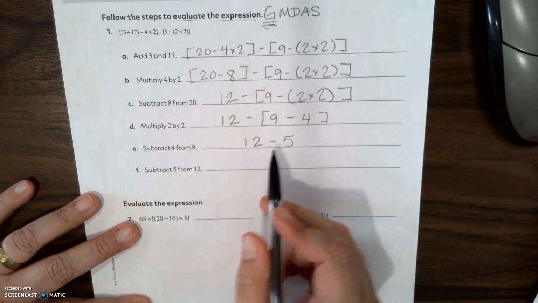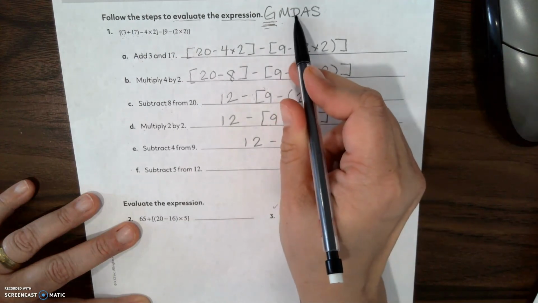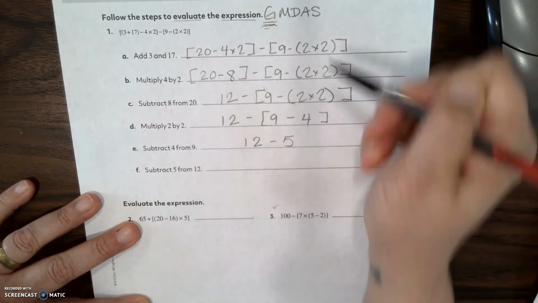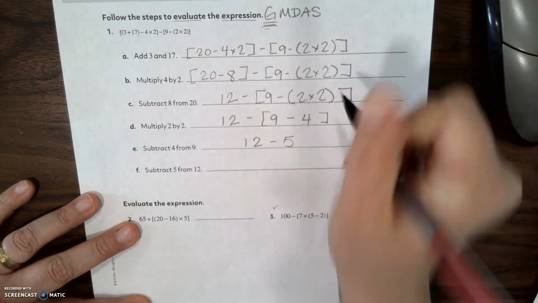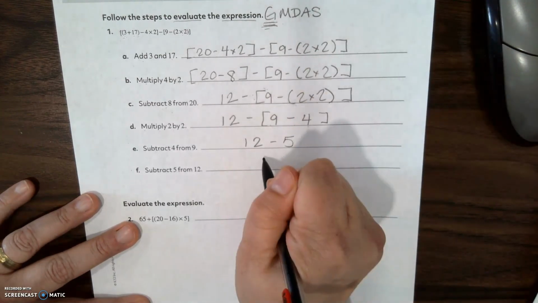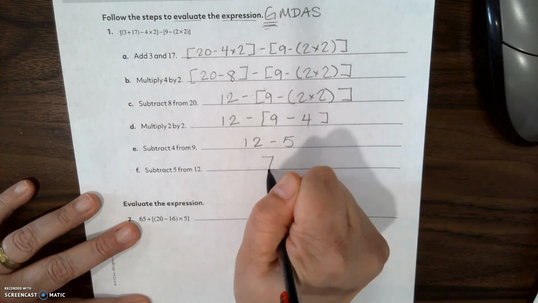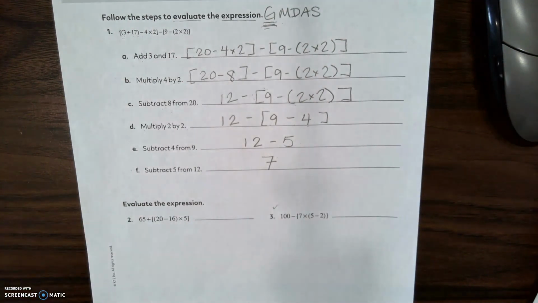Nope. Do we have anything to divide? Nope. Do we have anything to add? Nope. So the only thing left now is to subtract. 12 minus 5 is 7. And we did it! But we had to do it very carefully, one step at a time.